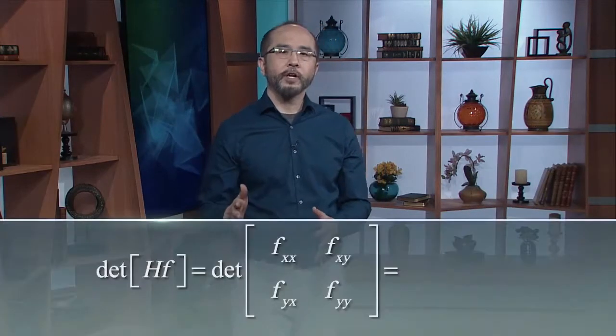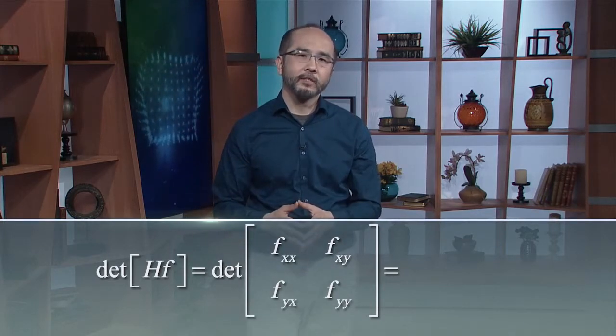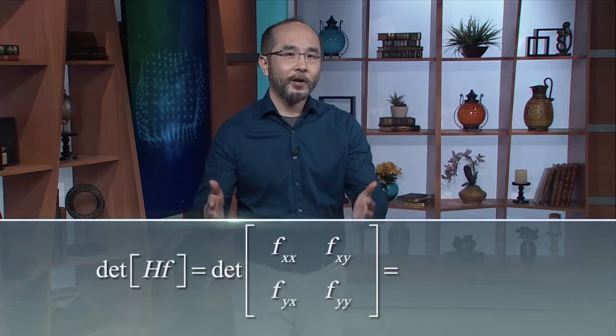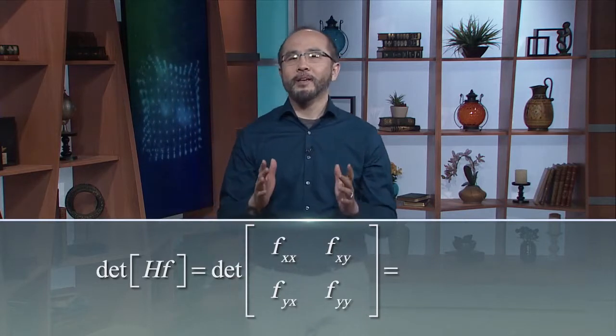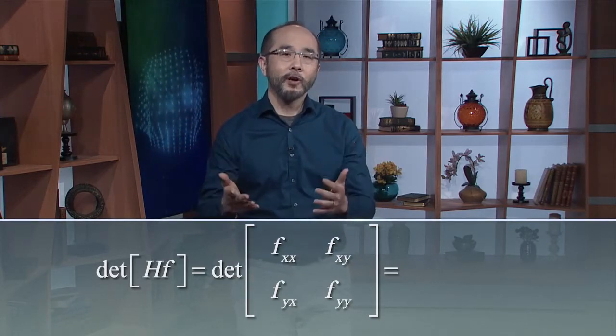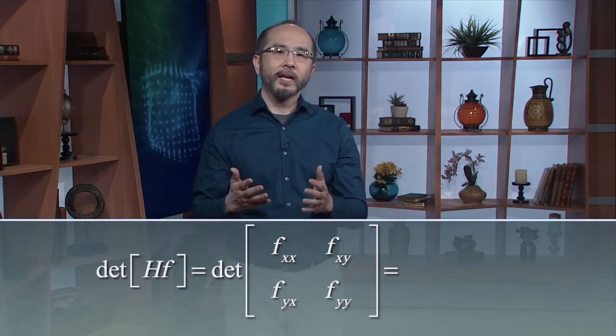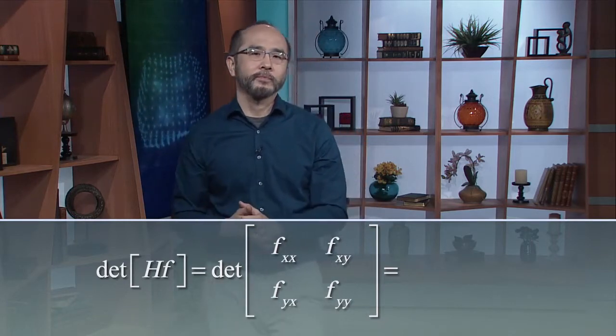For a two-variable function, the Hessian is 2 by 2, and an easy way to check the eigenvalue signs is to, guess what, take the determinant, which is the product of the two eigenvalues. So if both eigenvalues are the same sign, as they are for a maximum or minimum, the determinant will be positive. Also, if the eigenvalues are different signs, as they are for a saddle point, the determinant will be negative.